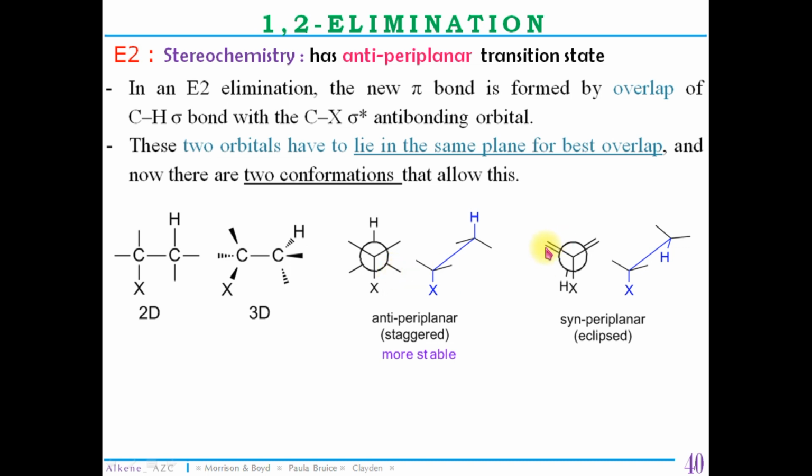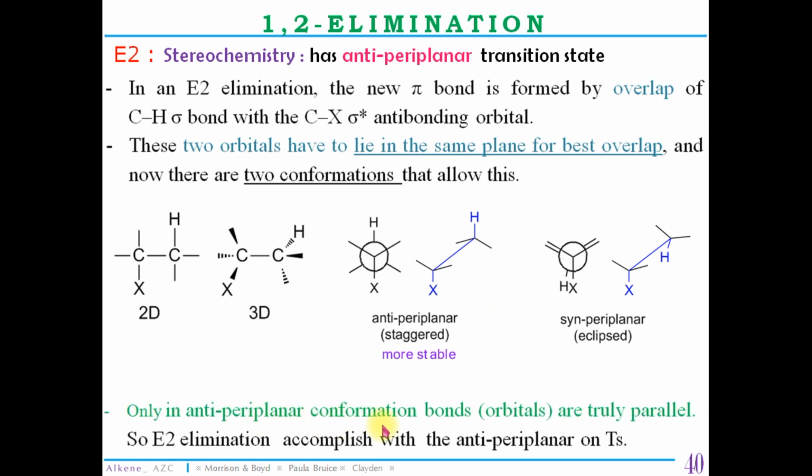So here is more steric repulsion while here is the least steric repulsion. So staggered conformation is more stable than eclipsed conformation. Therefore, only in anti-periplanar conformation are the bonds or orbitals truly parallel. So E2 elimination is accomplished with an anti-periplanar transition state.